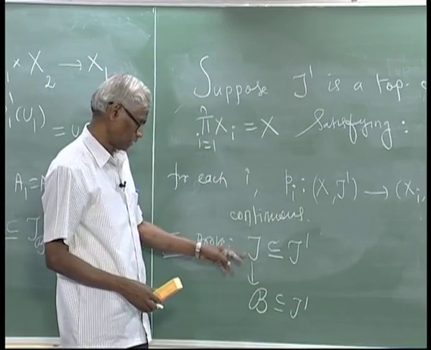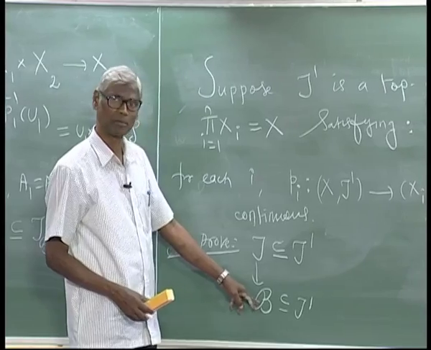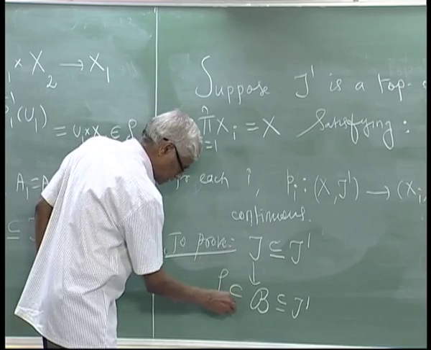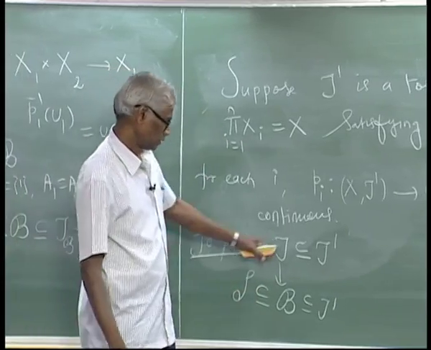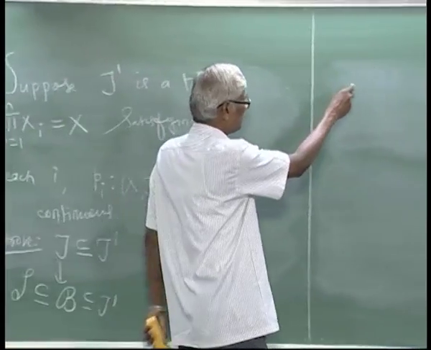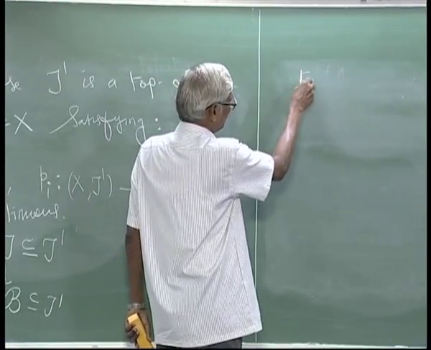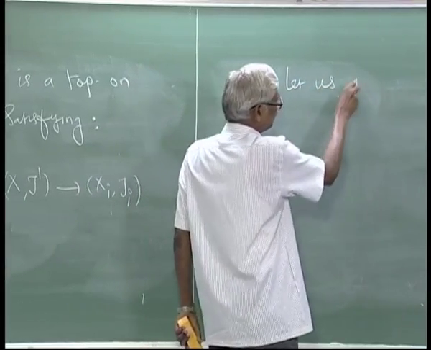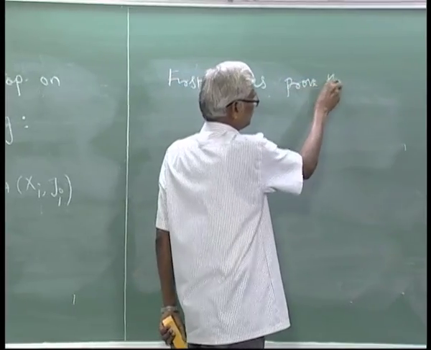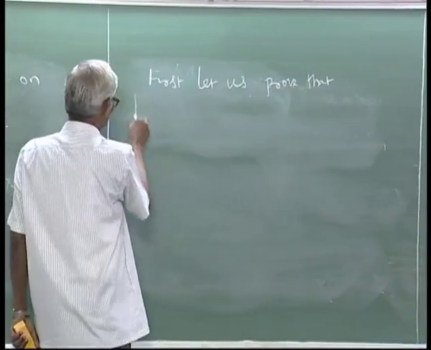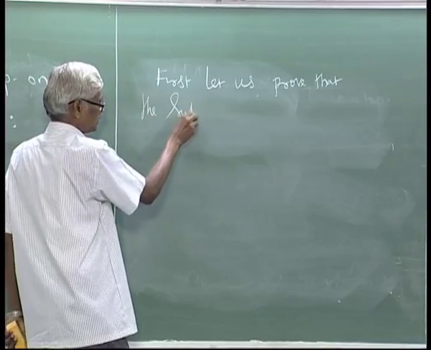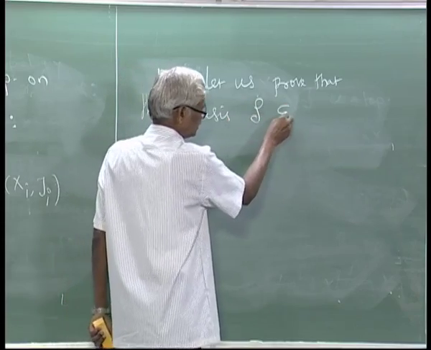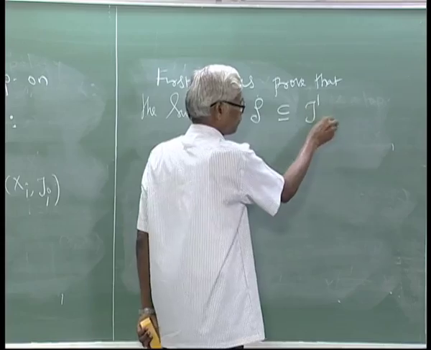We have generated tau from beta, and in fact, we have a still smaller subcollection, the subbasis S. First, let us prove that the subbasis, this particular subbasis S, is contained in tau prime.